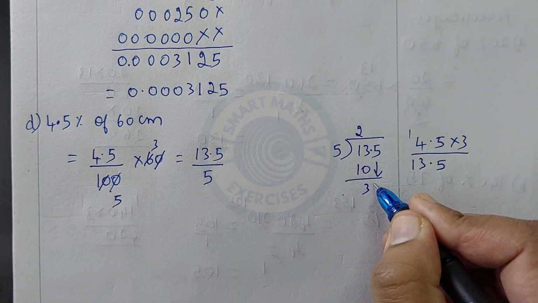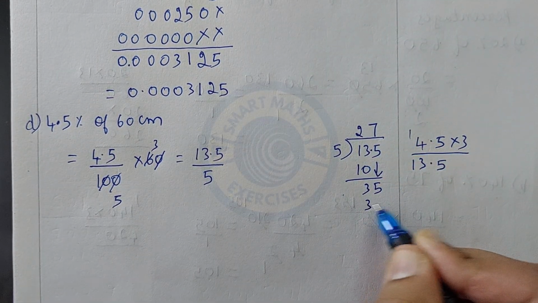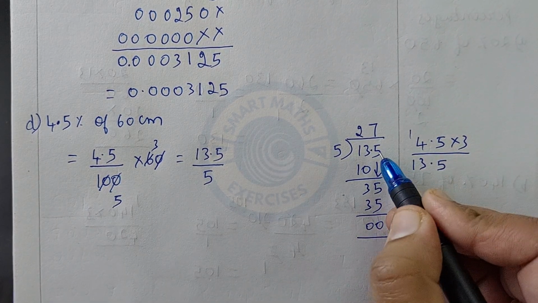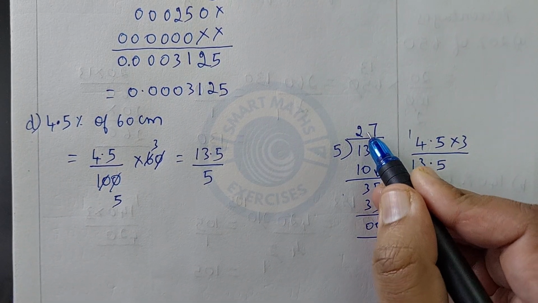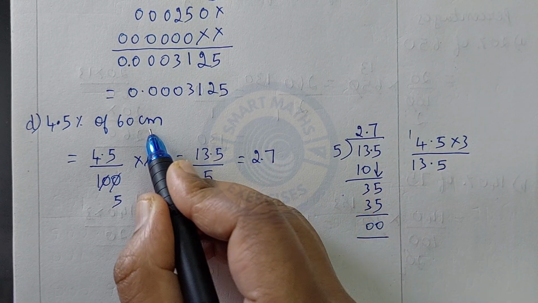Bring down 5. 5 sevens are 35. 35 minus 35 is 0. Decimal point after one digit. So answer is 2.7 centimeter.